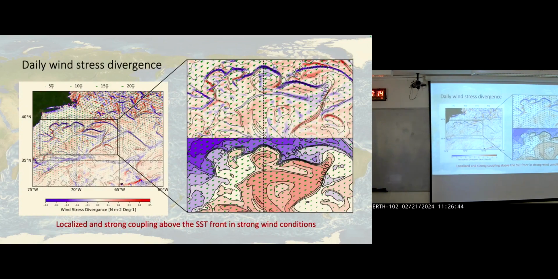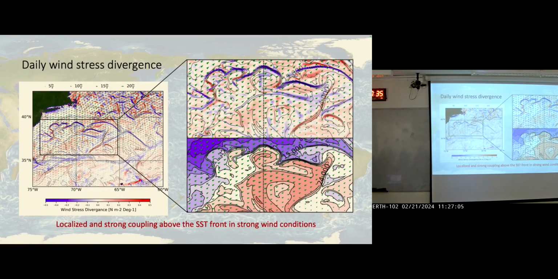And this is one day from the coupled simulation. This is the Gulf Stream region. And here on the right, I'm focusing on this specific region. This is the SST. So we see that we have a very strong SST front in this case.